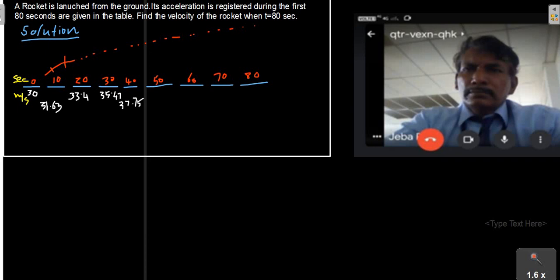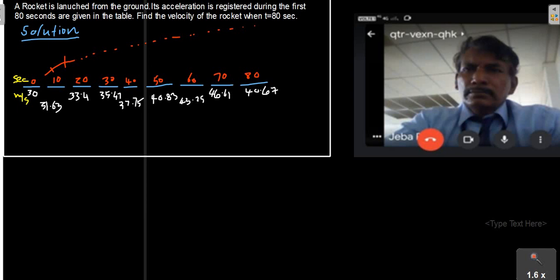When it reaches 40 seconds, the velocity is 37.75. When the second reaches 50, the velocity is 40.83. At 60 seconds, the velocity was 43.75. When it reaches 70 seconds, the velocity is 46.61, and when 80 seconds is noted, the velocity was 40.67.